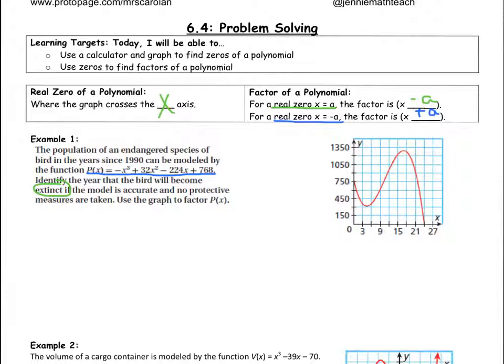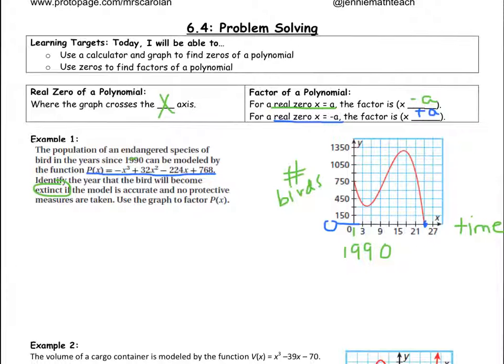The birds will be extinct when there are 0 birds, and since the number of birds is on the y-axis and time is on the x-axis, since 1990, so at 0 time, it's not at the beginning of time, it's the year 1990, all we have to do is look at the line to see when all the birds will be gone, which would be when there are 0 birds, so when that line ends right there.